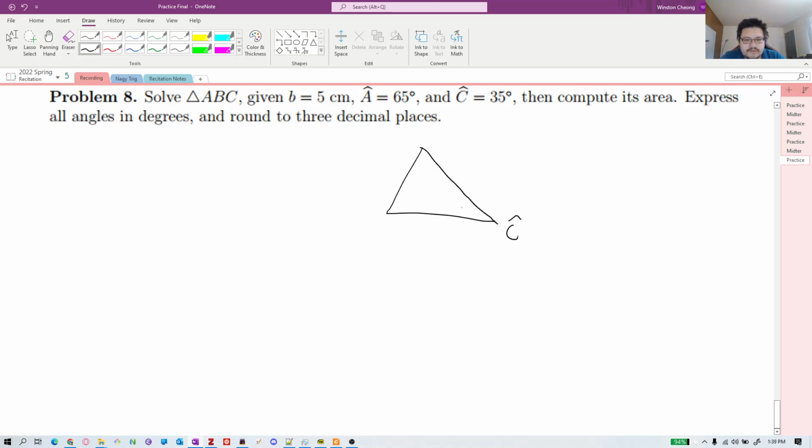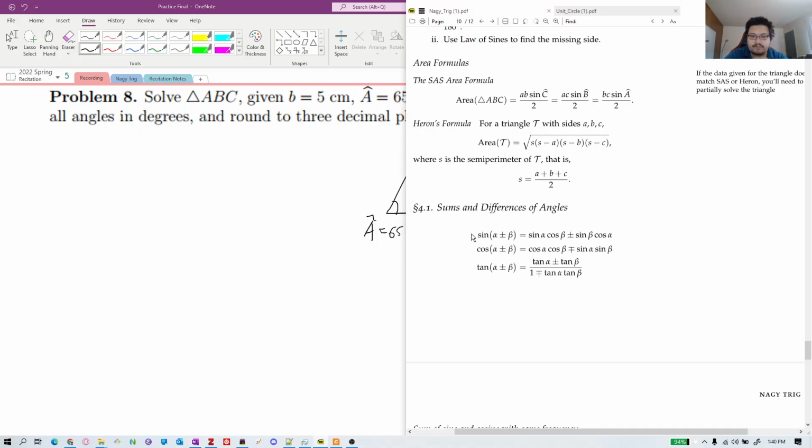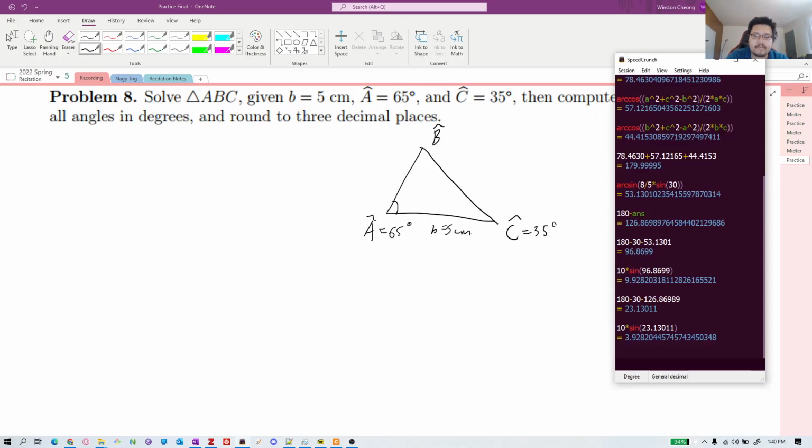C equals 35 degrees. Sure, that's A, fine. A equals 65 degrees. You could compute B right off the bat. And then side B is 5 centimeters. Let's go ahead and compute what angle B is. 180 minus 65 minus 35.